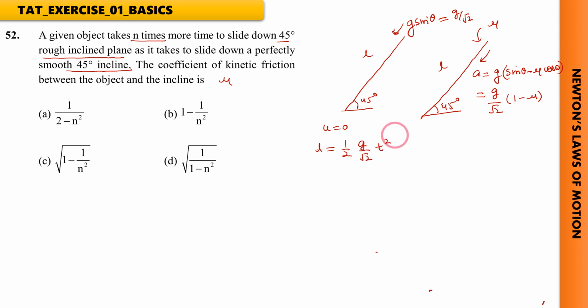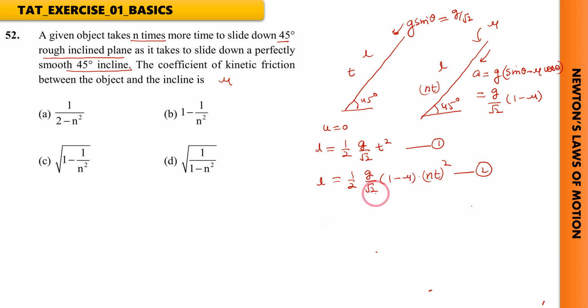Here t is the time taken by the block to slide down on the smooth surface, and according to the question, nt is the time it takes on the rough surface. So this is equation number 1. The second equation on the rough surface will be L equals half g by root 2 (1 minus mu) into nt whole square, equation number 2.